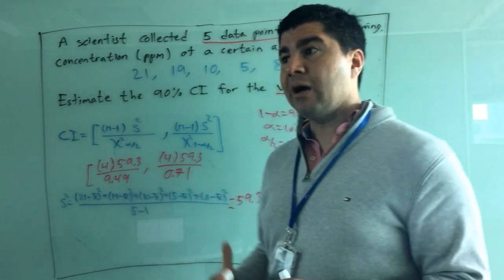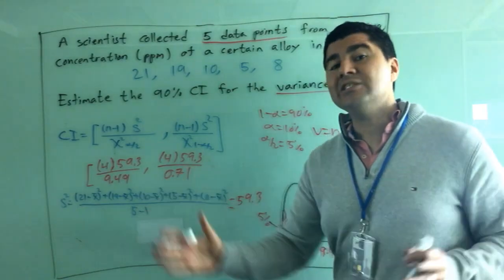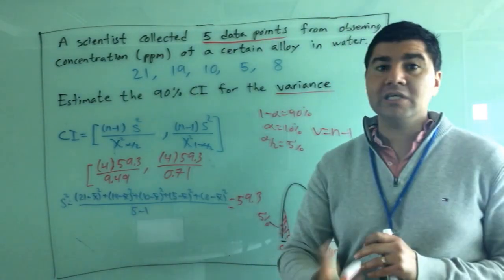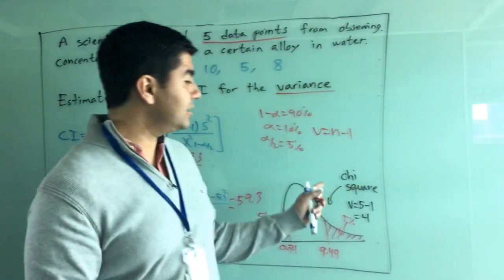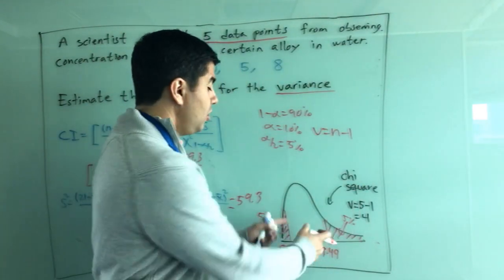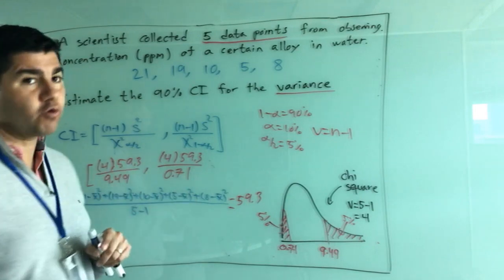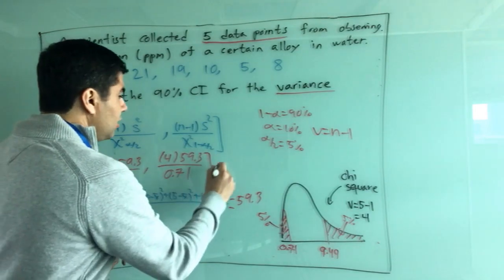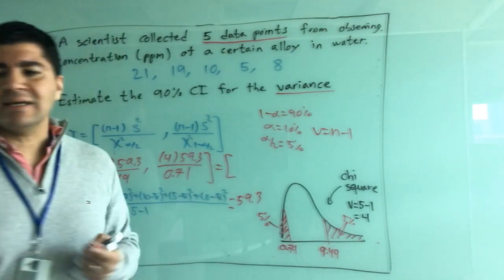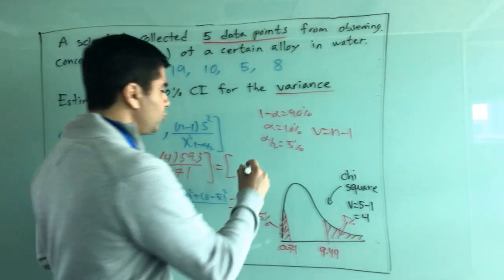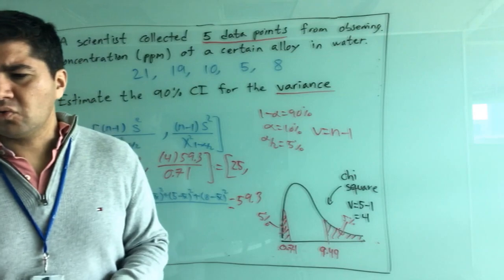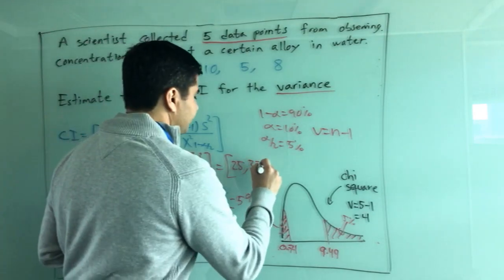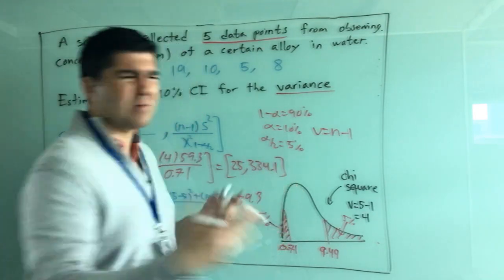0.71. Please be aware that we're not using t-student anymore. We're not using the standard normal anymore. We're using the chi-square distribution. That's the reason why we have these two elements in the formula. When doing so, we're going to find that in this case, the interval goes from 25, rounded, to 334.1, again rounded.